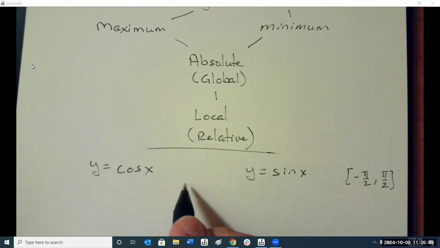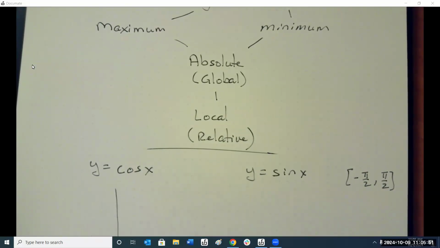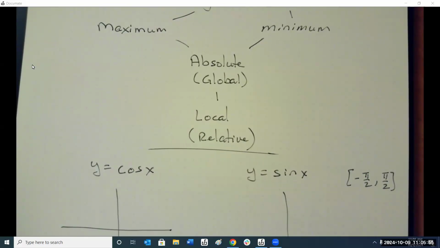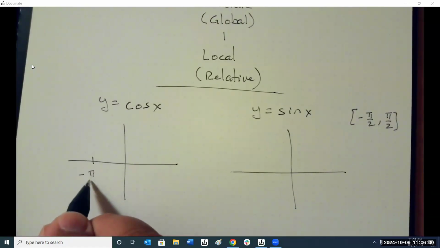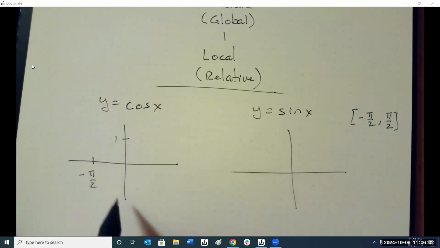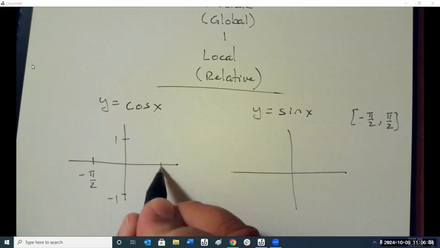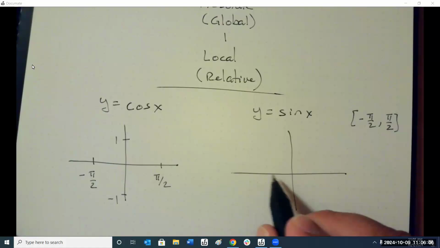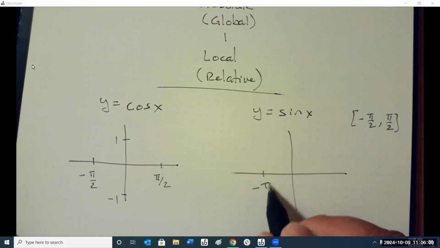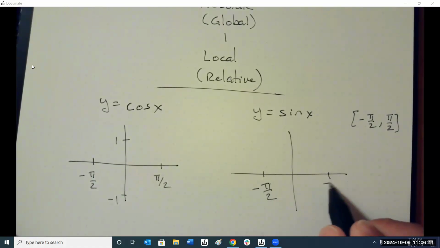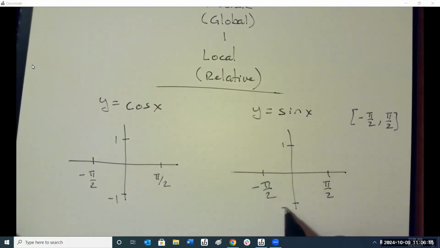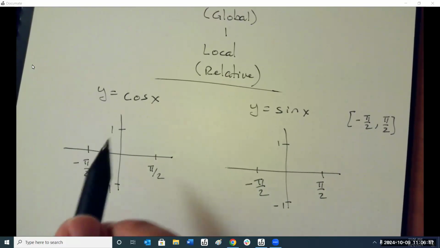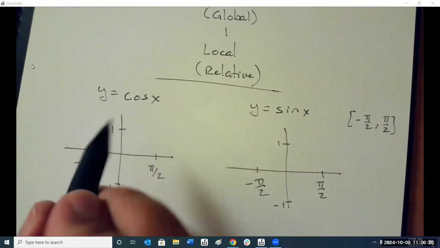So if we graph these two on the same interval, at 0, cosine is 1.